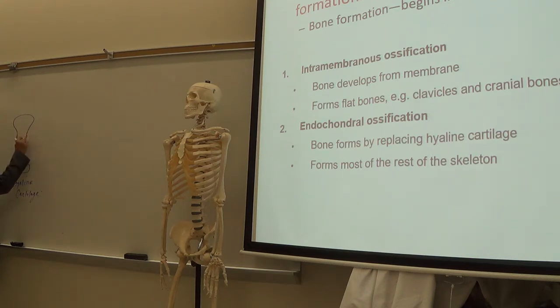Osteoblasts are formed around the cartilage. So these are newly formed osteoblasts. So cartilaginous cells around the cartilage will be converted to osteoblasts. Some cells around the shaft of the bone will be converted to osteoblasts.